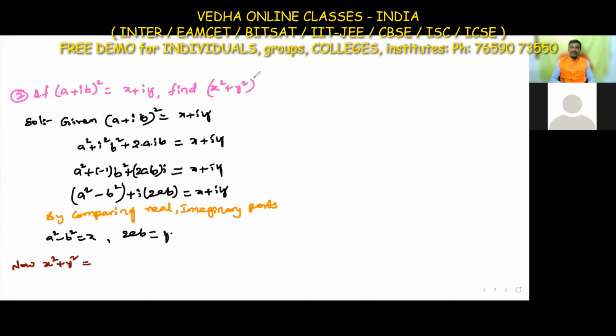That means x square is a square minus b square whole square, and y is 2ab, whole square.